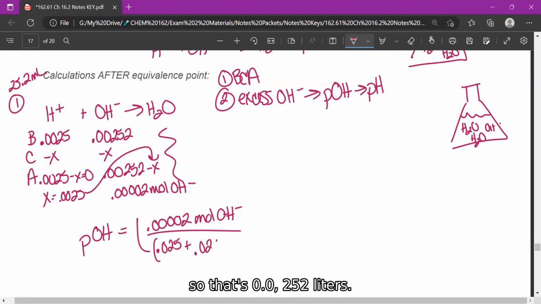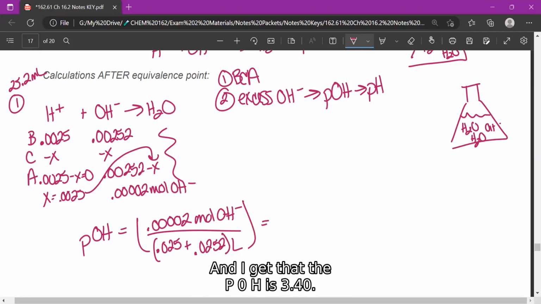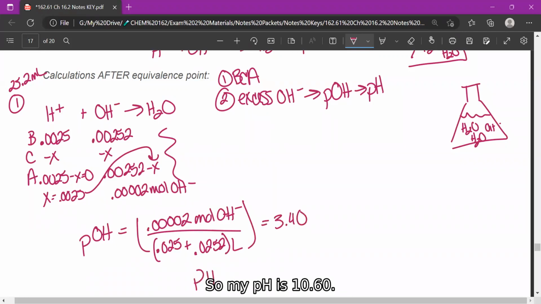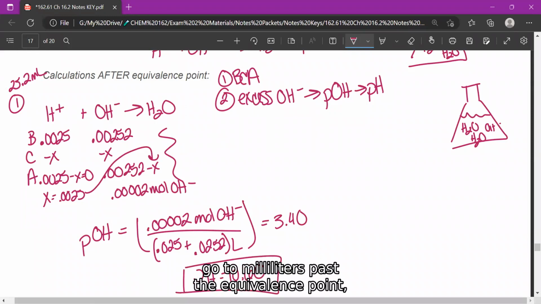So that's 0.0252 liters. So whatever that is, I get that the pOH is 3.40. So my pH is 10.60. So even after you go 0.2 milliliters past the equivalence point, your pH jumps to 10.60.